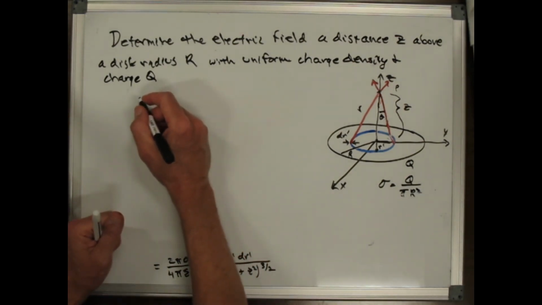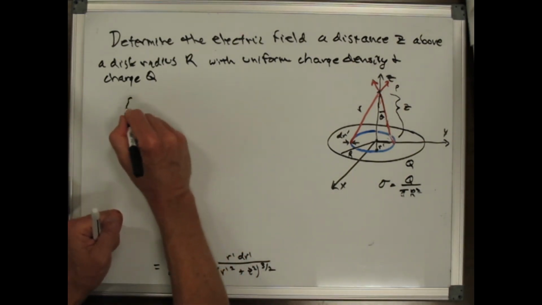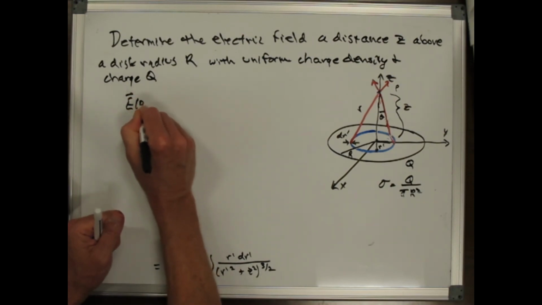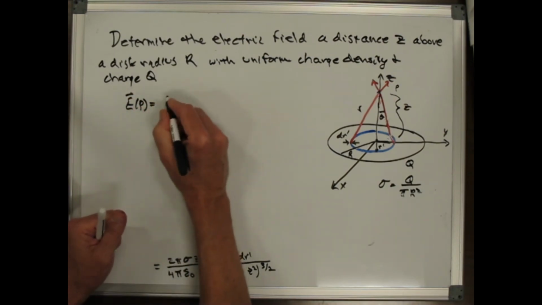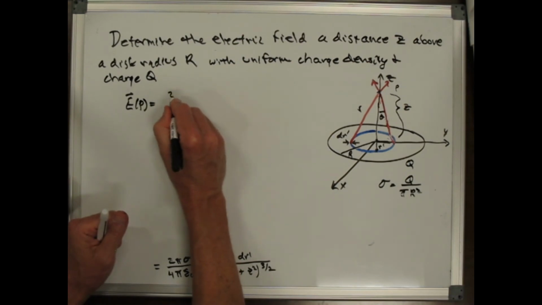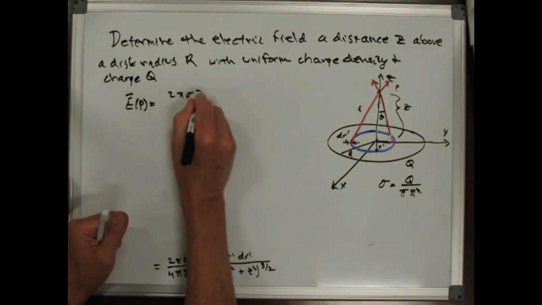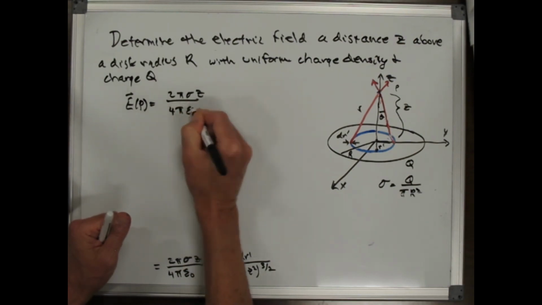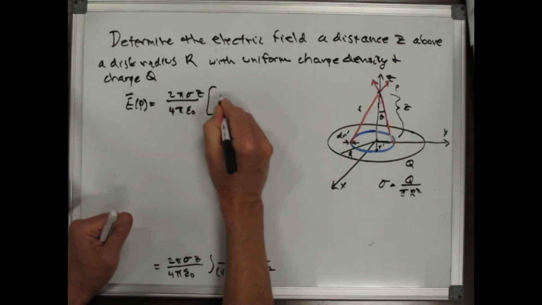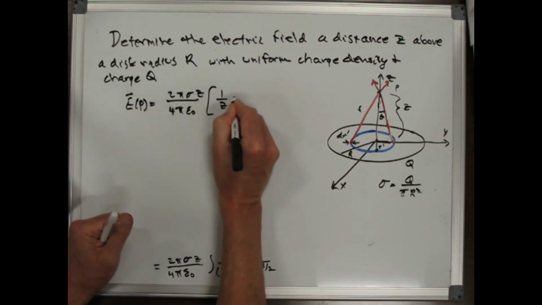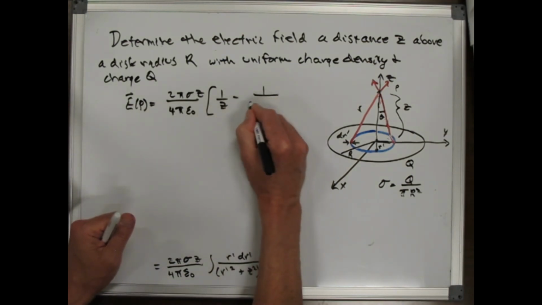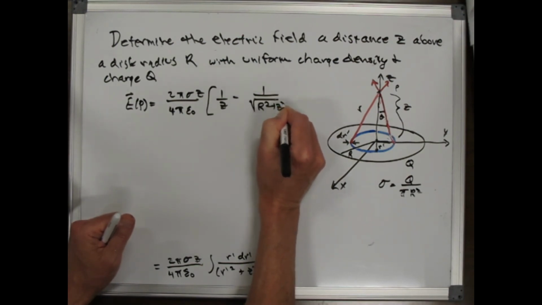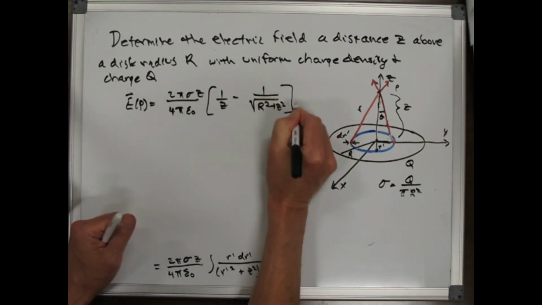And what I get when I integrate this is E of P is equal to 2 pi sigma z over 4 pi epsilon naught times what it integrates to, which is 1 over z minus 1 over the square root of r squared plus z squared, times k hat.